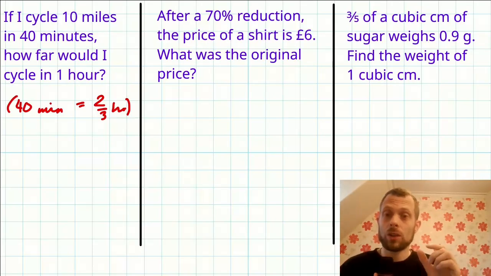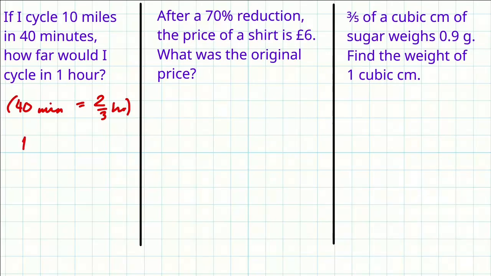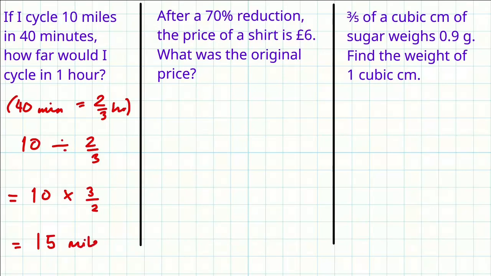So the 10 miles would be 2/3 of the full amount, and we're going backwards to the full amount. So we would take 10 divided by 2/3, and then flip the 2/3 into 3/2, change the divide into a times. We get 10 times 3/2. 10 divided by 2 is 5. 5 times 3 is 15, and that is miles.